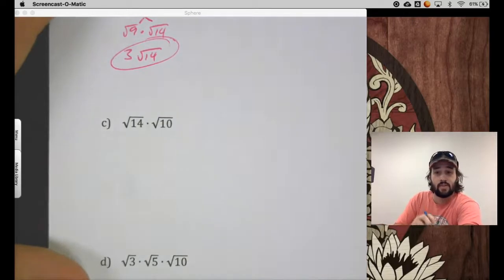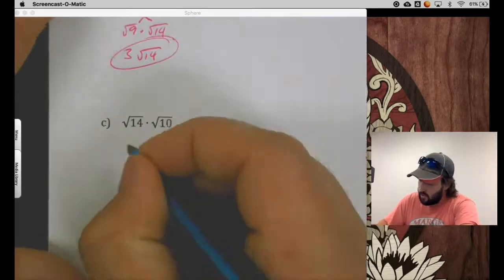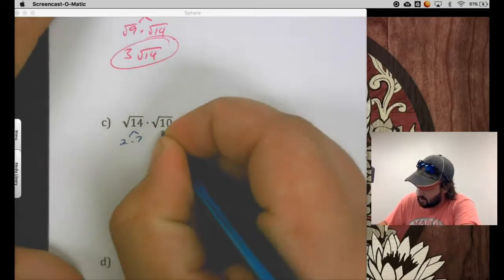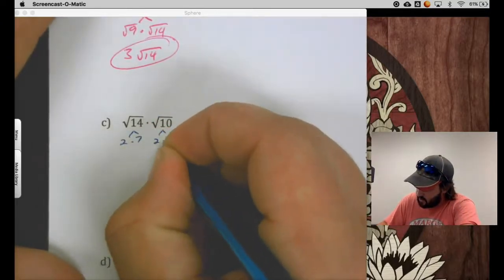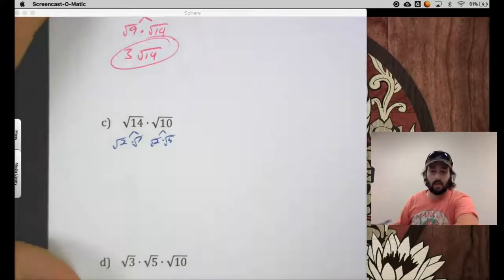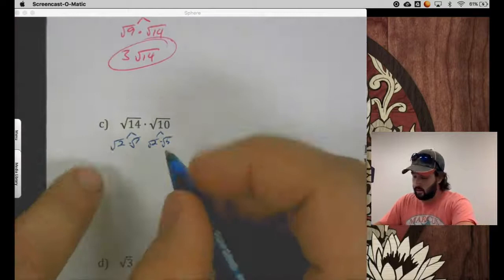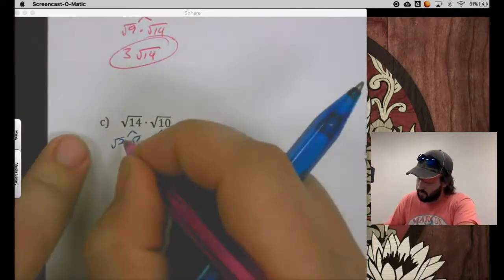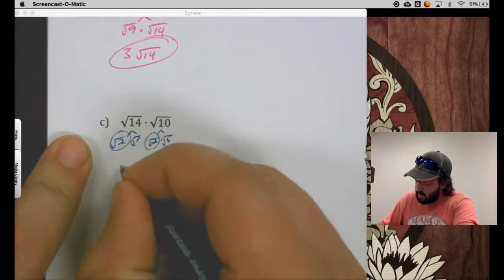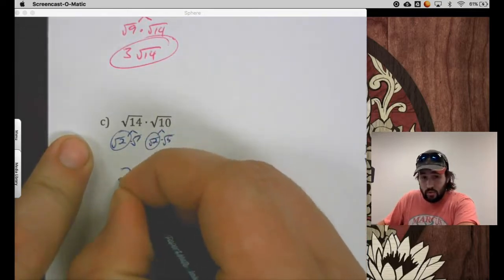Sometimes it's easier to think about these before you actually multiply. So like this one, this is 2 times 7, and this is 2 times 5, all square roots still. If I break it up, the square root of 2 times the square root of 2 is going to combine. That times that is just going to make the square root of 4, which is 2.